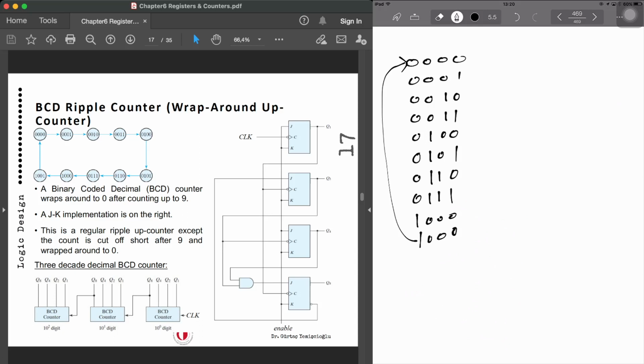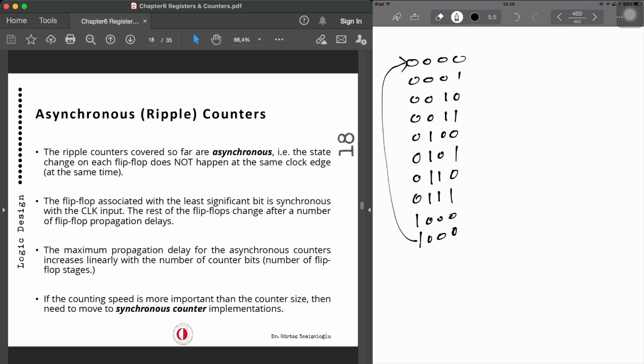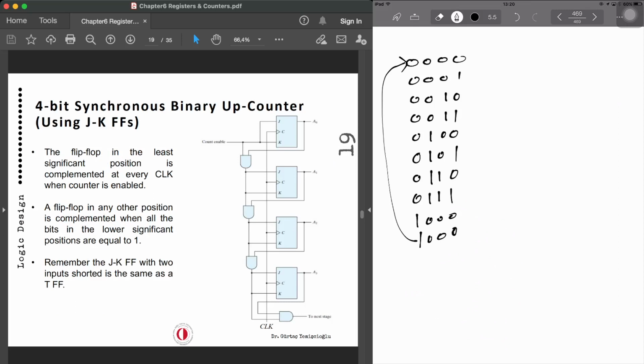Okay, now we can easily modify the binary counters like we have done in chapter 5 and connect all these clocks to each other, so they are synchronized, and based on that we can arrange the combinational circuits required for the flip-flops in order to make a binary up counter. So, as you can see, all the clocks are connected together. Now they are synchronized.